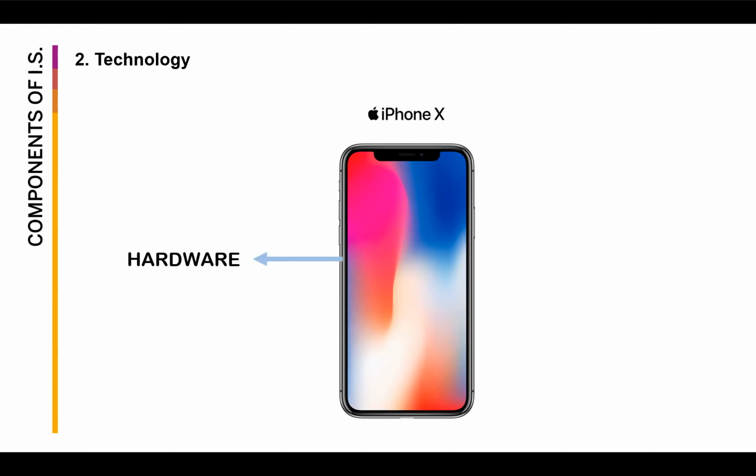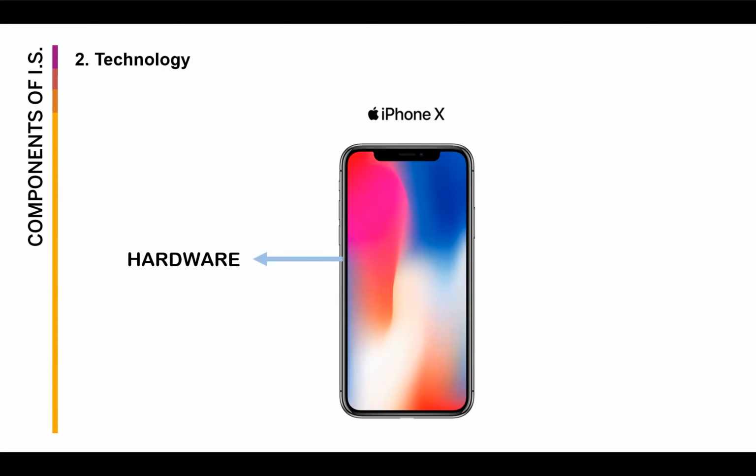You can look at your phone for the hardware itself, the exact thing that you are holding. Your computers are considered hardware, your monitors. If you have been to data centers, you can see racks of machines that are all turned on and running together. They are all called hardware.